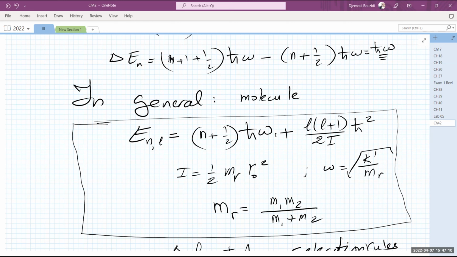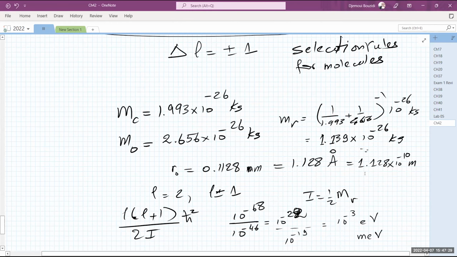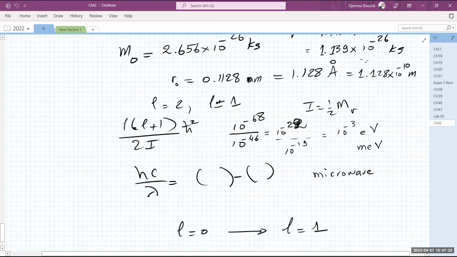So it's 1,900 Newton per meter for K, and that is actually from the previous example. In other words, just follow the values in here. So you can find omega, which is just the square root of that 1,900 Newton per meter divided by, again, MR. You found it somewhere in here. So you have omega. You can find what the delta E is.